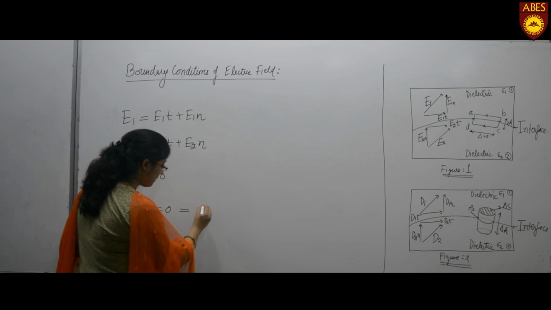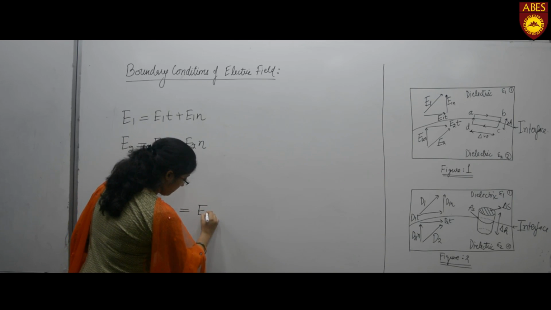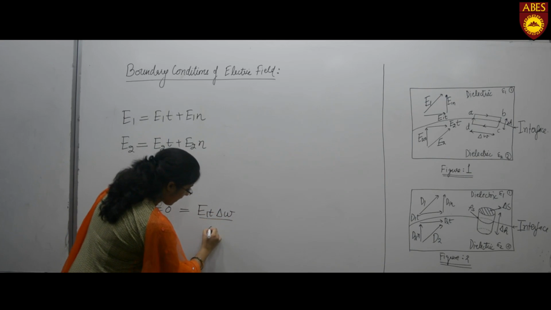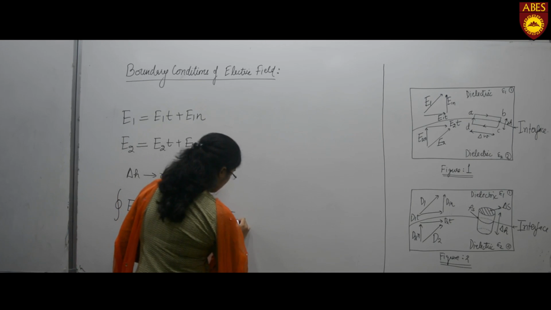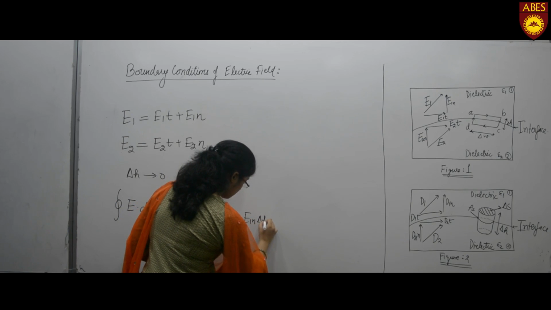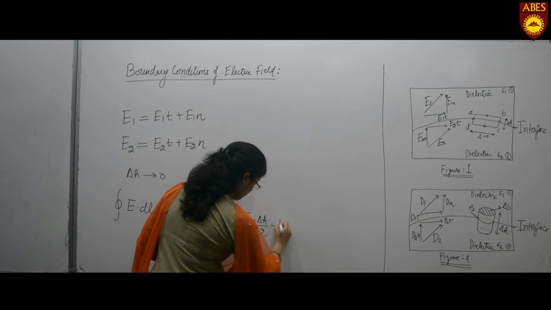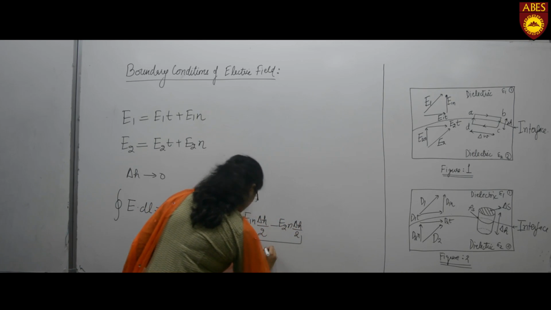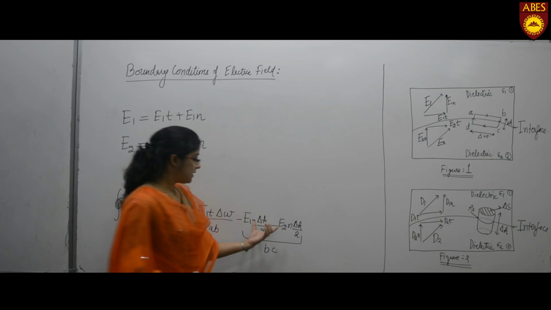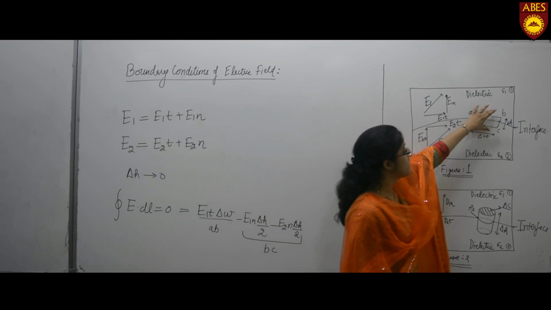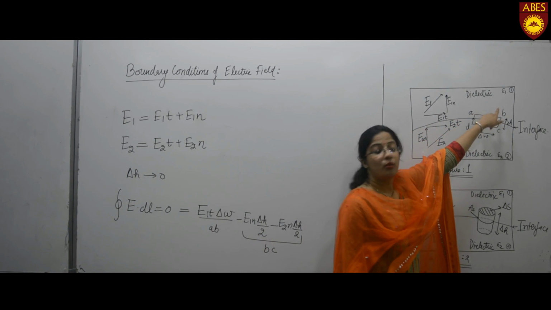This path can be evaluated as E1T del W. This is the term for the path AB. Now these are the two terms which belong to the path BC, because the path BC belongs to both regions.